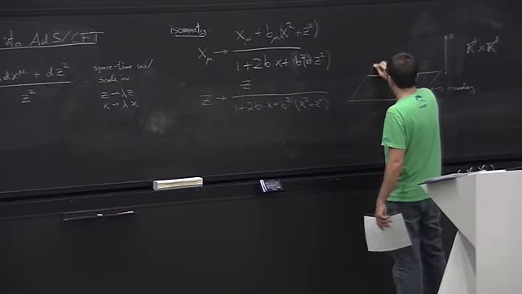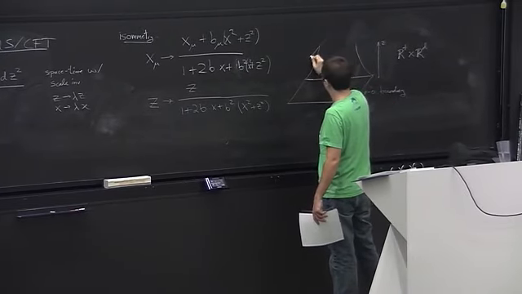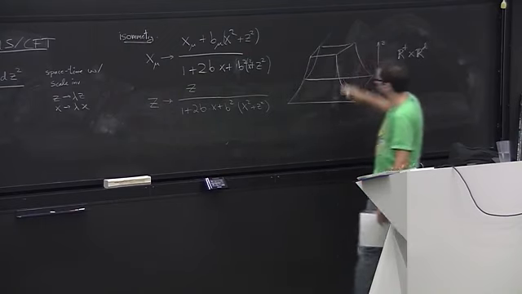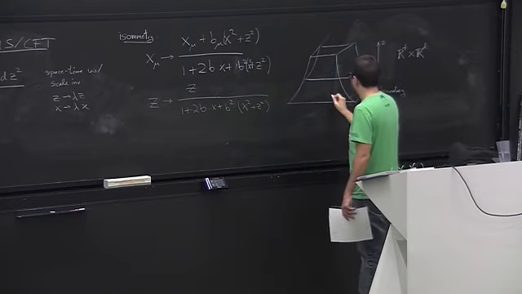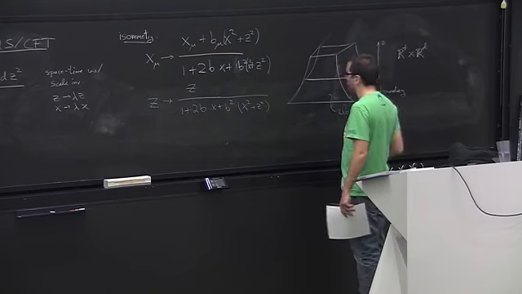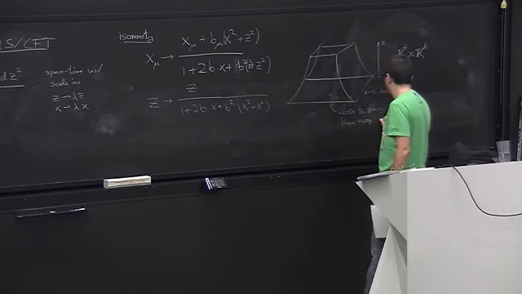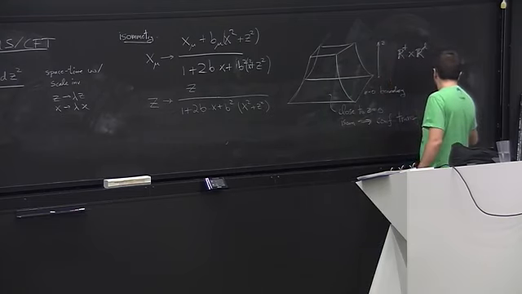And then you have copies of Minkowski, or of Rd, as you go inside. And close to Z equals 0, these isometries become nothing but the conformal transformations of points in the boundary of this spacetime.